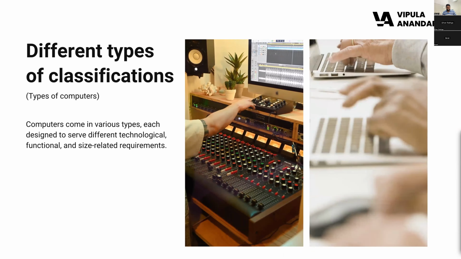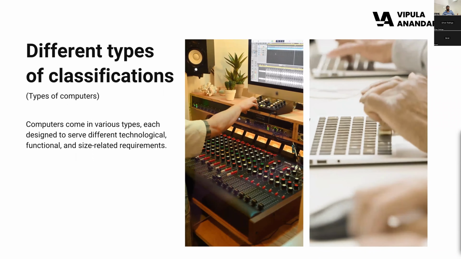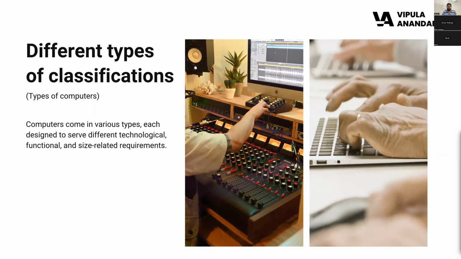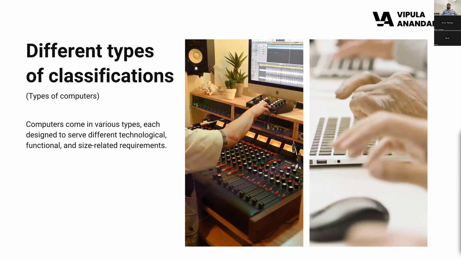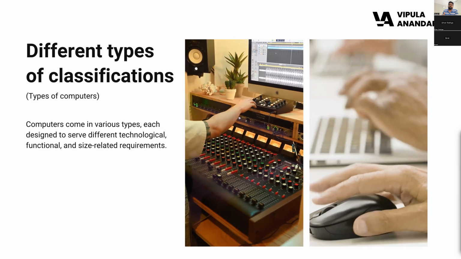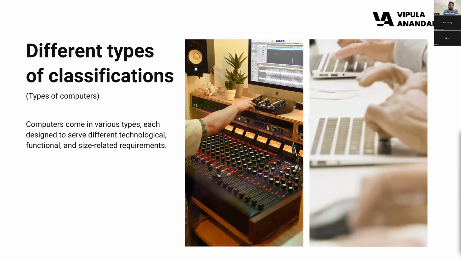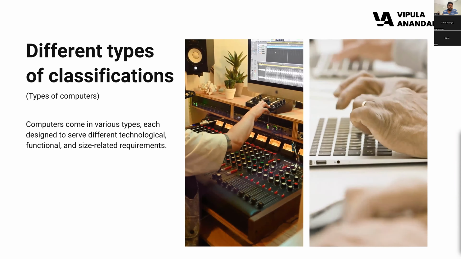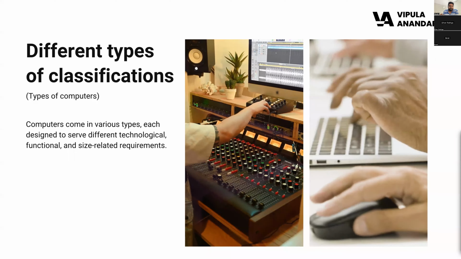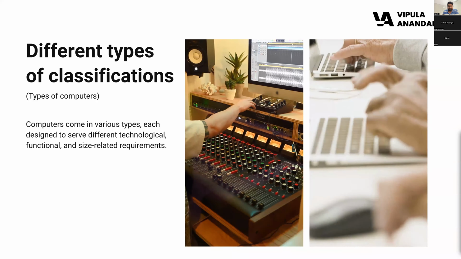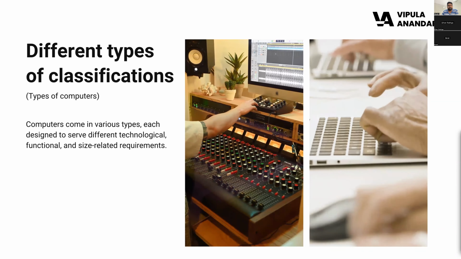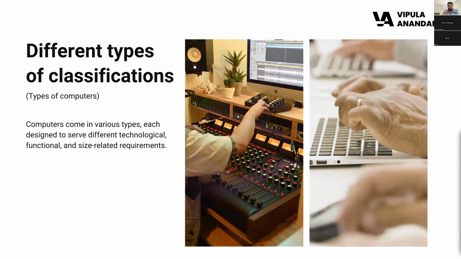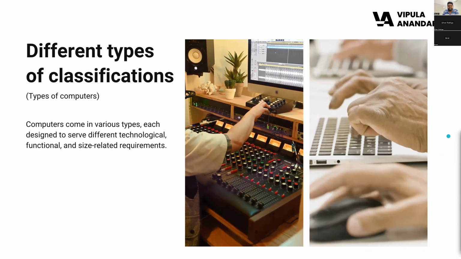Okay, so computers come in various types, each designed to serve different technological, functional, and size related requirements. Technological requirements, functional requirements, size එකකින් requirements උත් වෙනවා. Size in the sense අපි බලමු මොකද්ද size එක කියන්නේ කියලා.